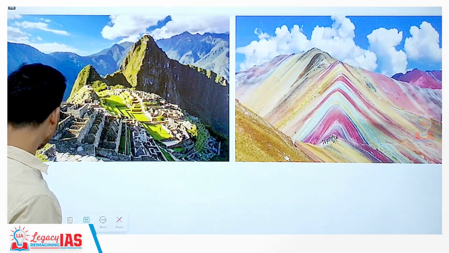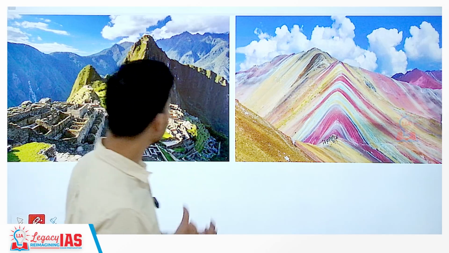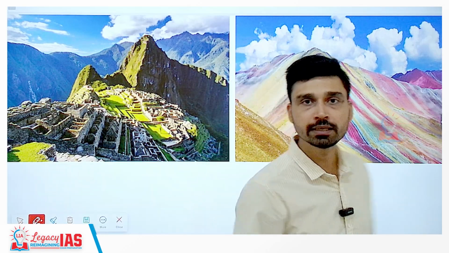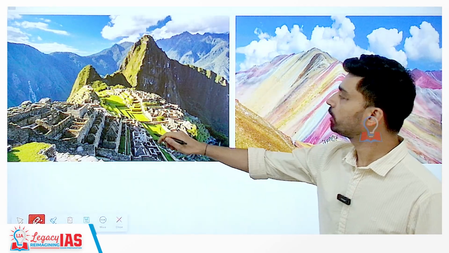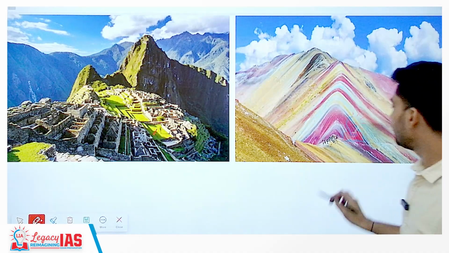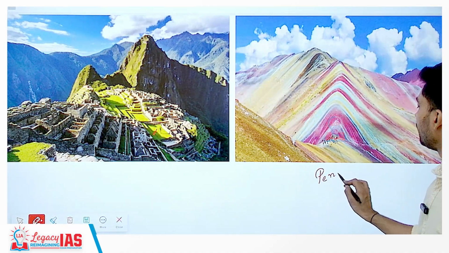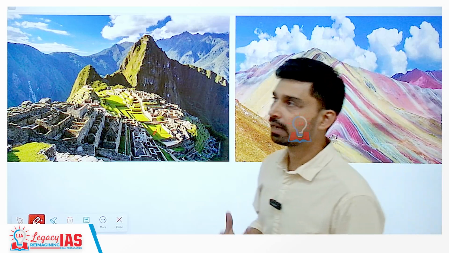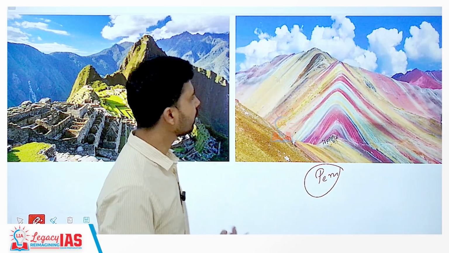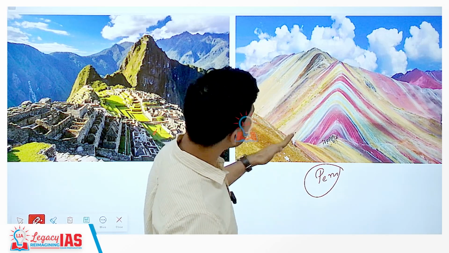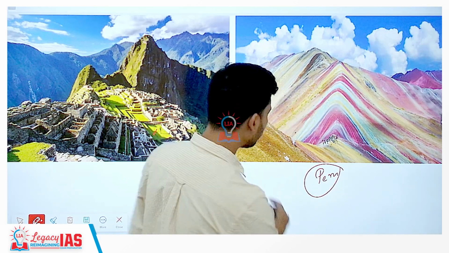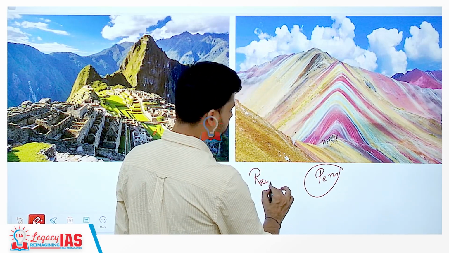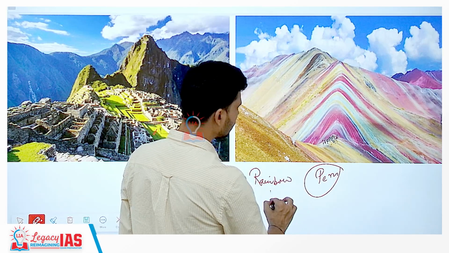Further, you also have one of the 7 wonders of the world, Machu Picchu, which is situated here in South America, in Peru. In Peru, as you can see, this is a mountain. Because of the kind of rocks present in this mountain and the way erosion has happened, it has taken multiple colors, and that is why these mountains are well known as rainbow mountains.